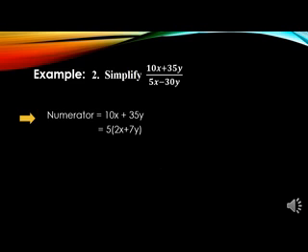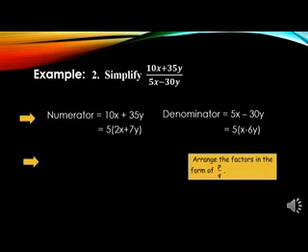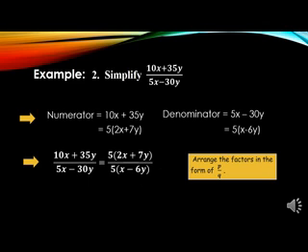And the denominator is 5x minus 30y and its factors are 5 times x minus 6y. Step 2. Arrange the factors in the form of p over q. So arranging 10x plus 35y all over 5x minus 30y is equal to 5 times 2x plus 7y all over 5 times x minus 6y.